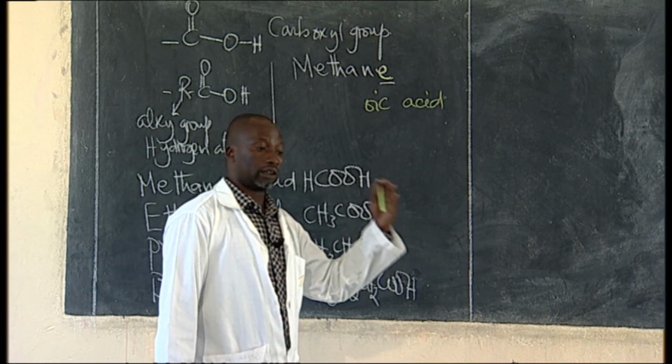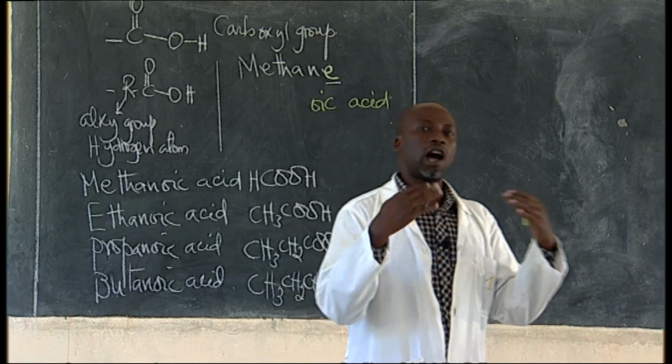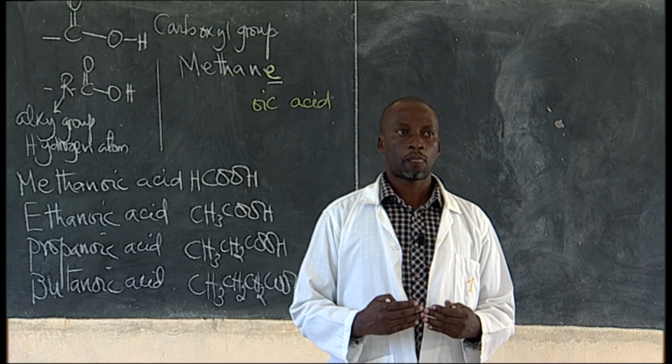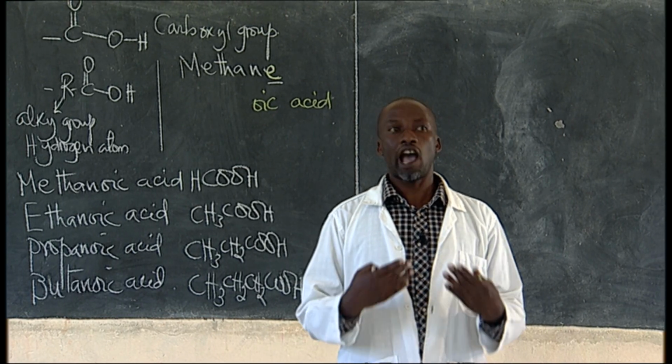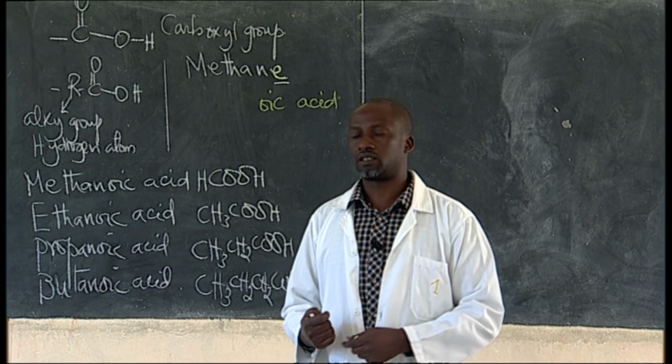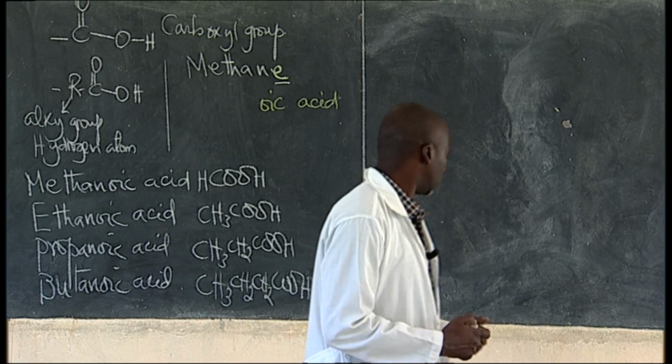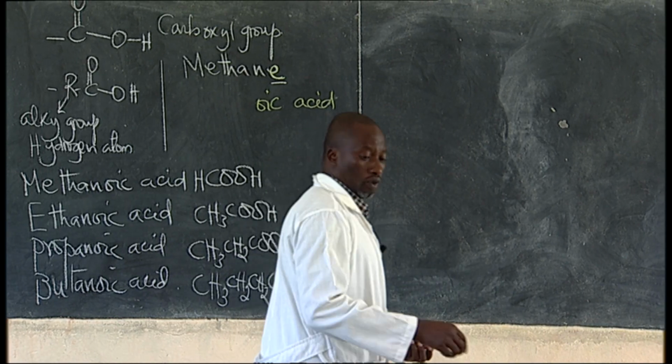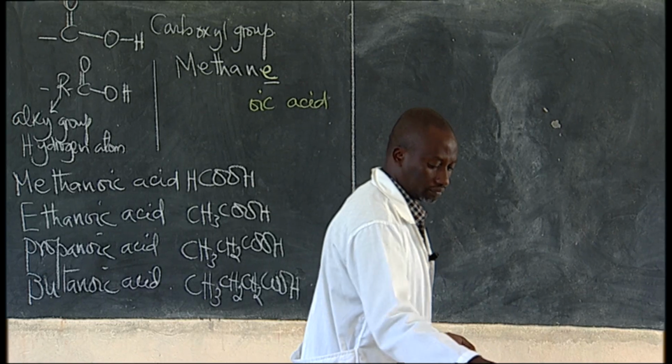So we said, you remember that if you have other substituents, like branches or other functional groups, the carboxylic acid always takes the priority.